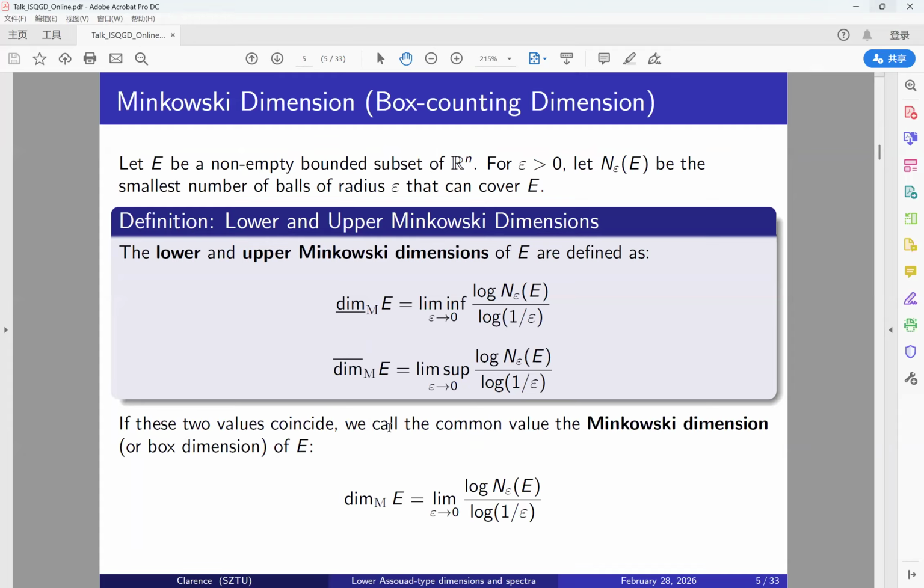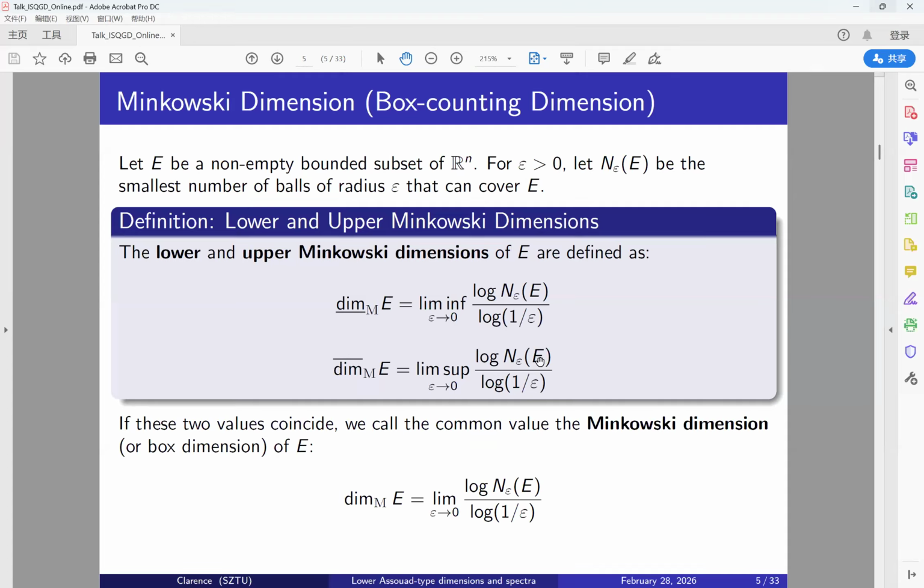Let E be a non-empty bounded subset of R^n, and for any positive epsilon, let N_epsilon(E) be the smallest number of balls of radius epsilon that cover E. Taking the log and the limit infimum of this ratio, we call it the lower box dimension or lower Minkowski dimension.